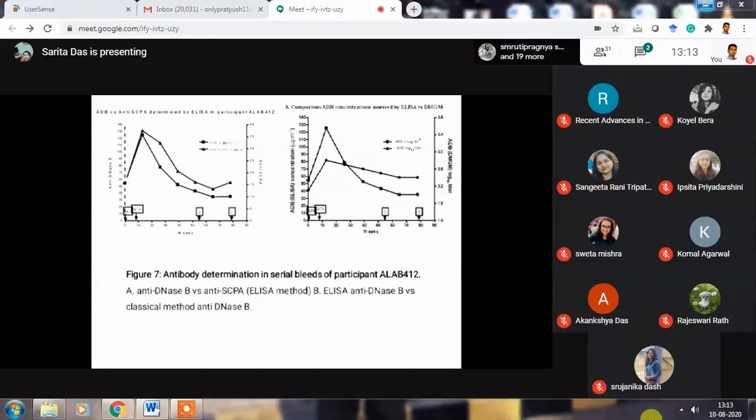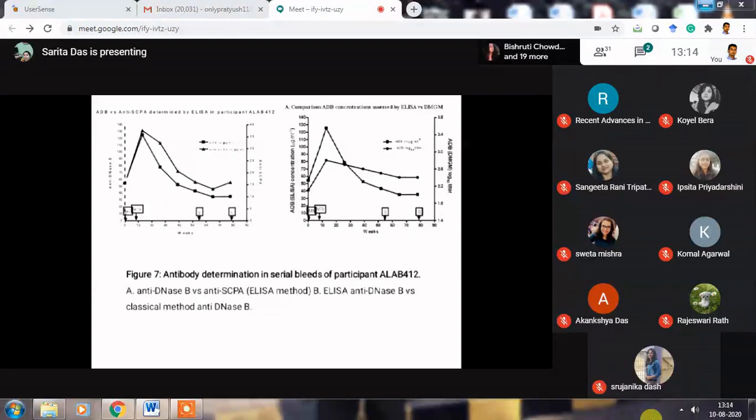So these patients had to visit the clinic, and their serum sample would be collected and stored, and if they had any strep infection or any symptom, their swab would be cultured.